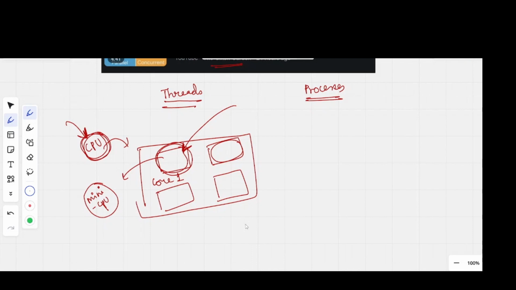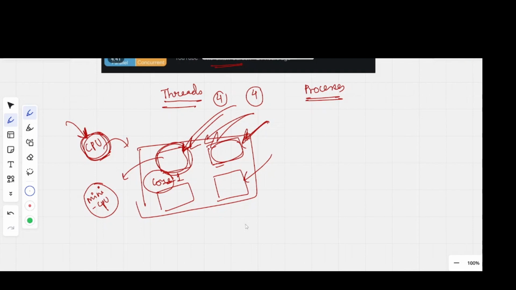So what these cores help us with is that, as many cores as we have, we can run the processes parallelly. So let's say we have 4 cores, then 4 tasks can happen parallelly. We don't have to wait for one to complete and then move on to the next one. 4 tasks can happen parallelly. So that's the benefit of having multiple cores in our CPU, right?